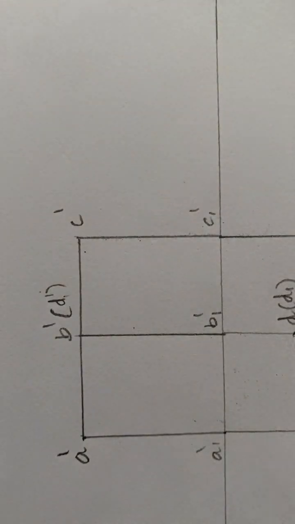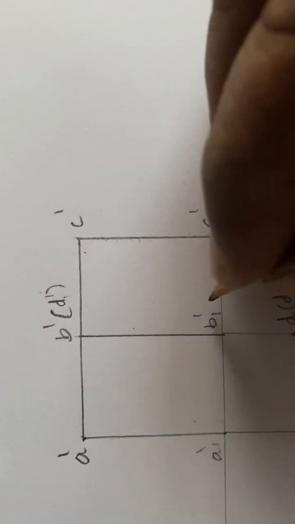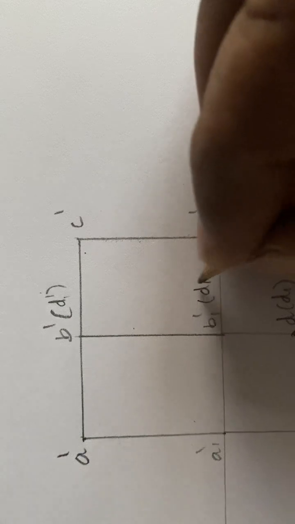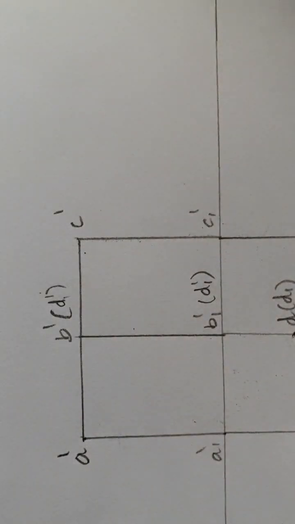Here the bottom will be your D1 dash. So you do this marking.